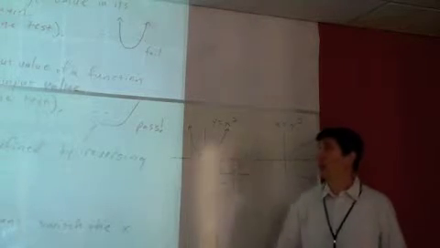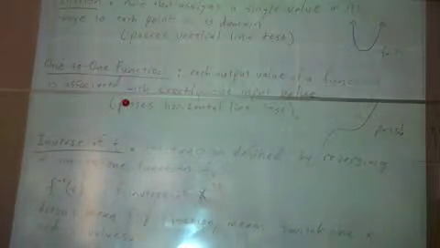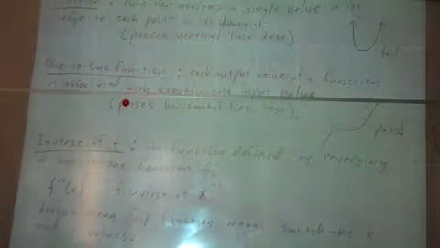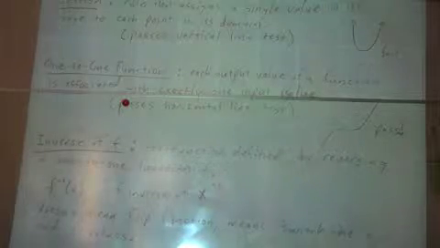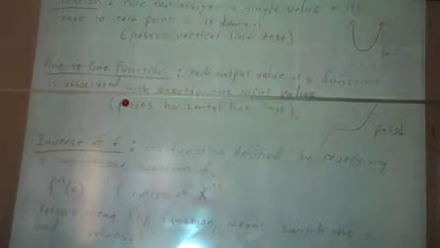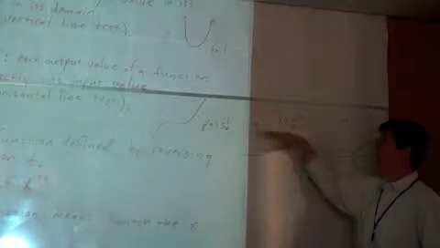And what we're talking about here with a one-to-one function is that each output value of a function is associated with exactly one input value, and it passes the horizontal line test. What that means is, if you have a function, it passes the vertical line test. If you want to know that its inverse is indeed a function, it has to also pass the horizontal line test.